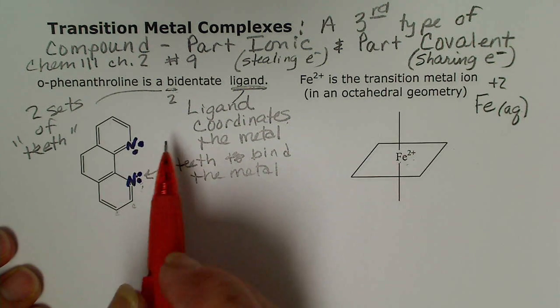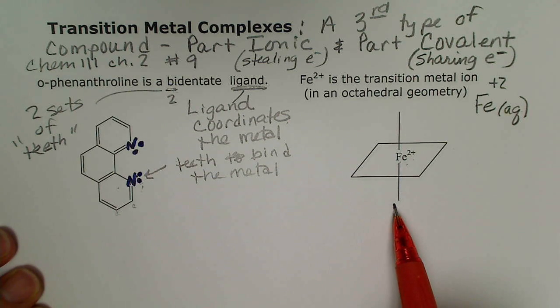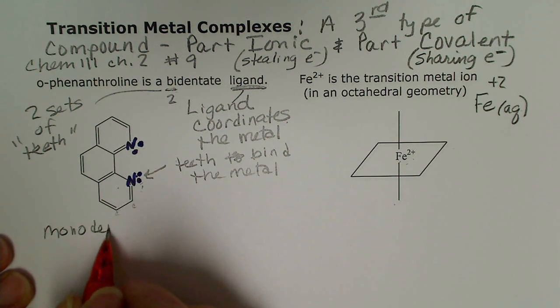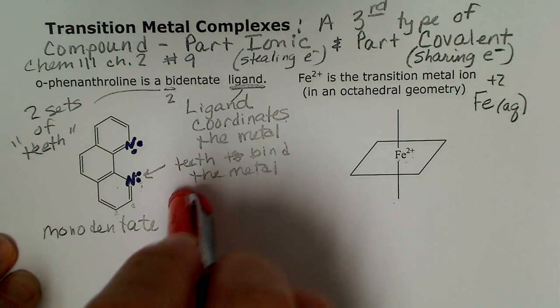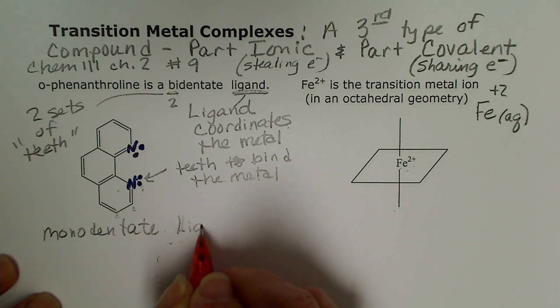So we're going to draw this compound as though it were coordinating the iron center in just a minute. So monodentate ligands, I'm going to list a few. That means one tooth. Oh yeah, I already put the D.